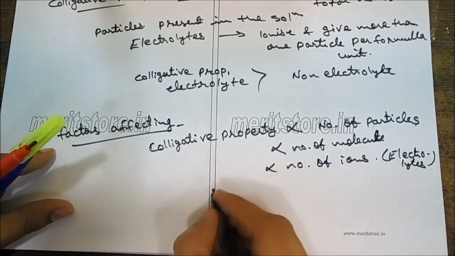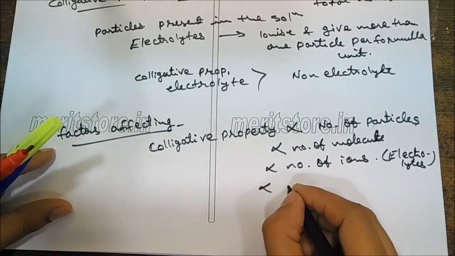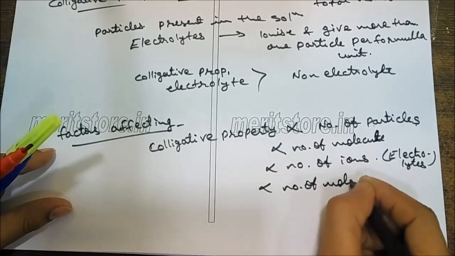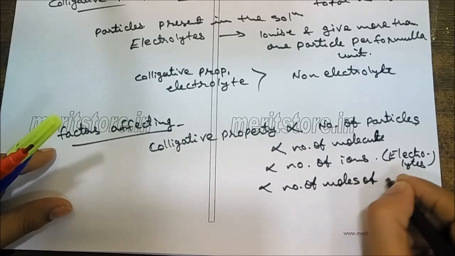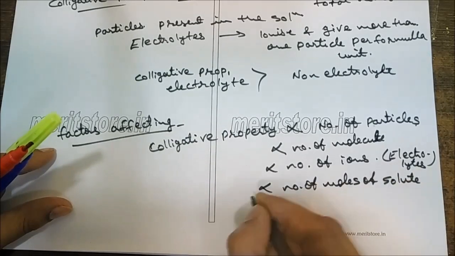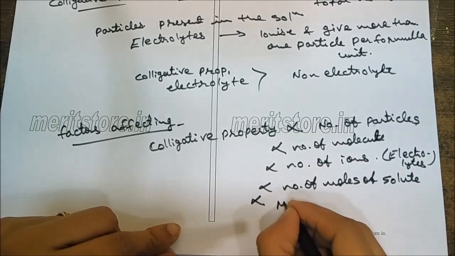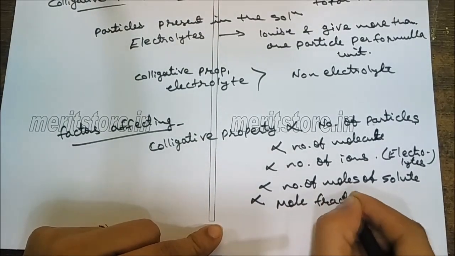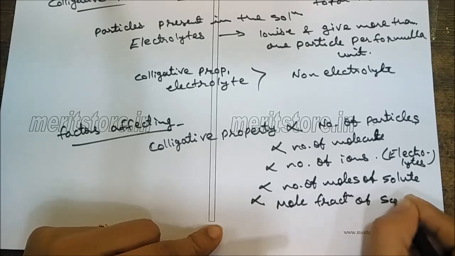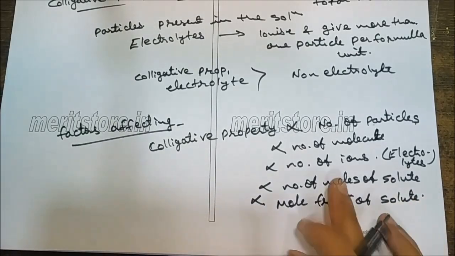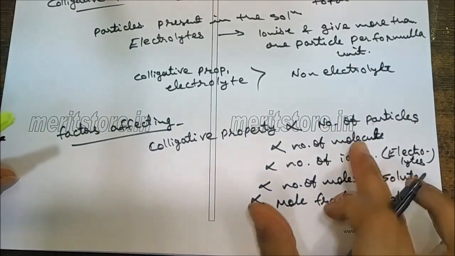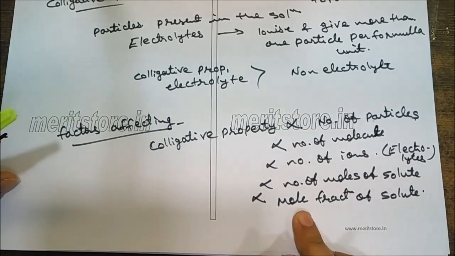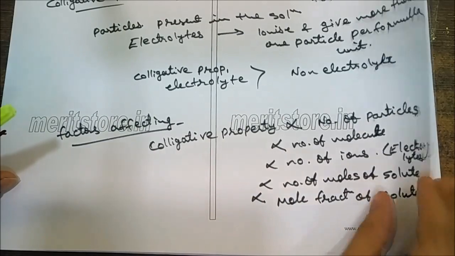It is directly proportional to the number of moles of solute, and directly proportional to the mole fraction of solute. If any of these are more, then the colligative properties will be more.